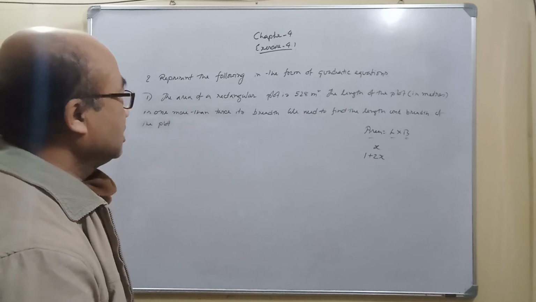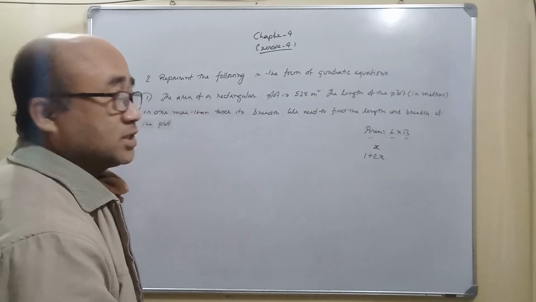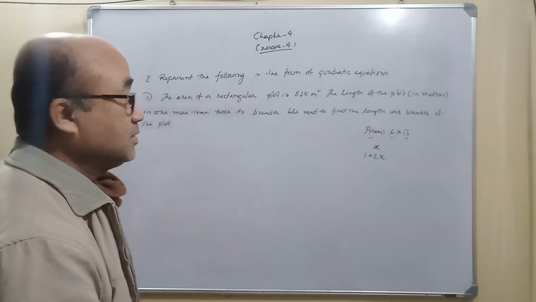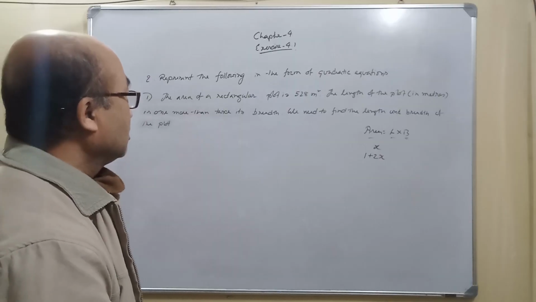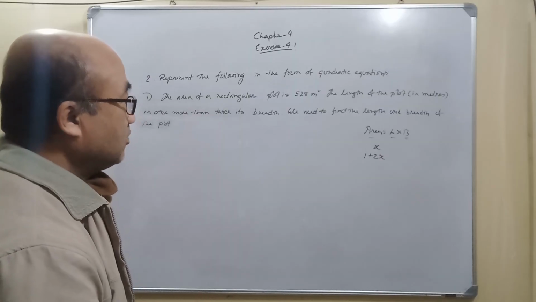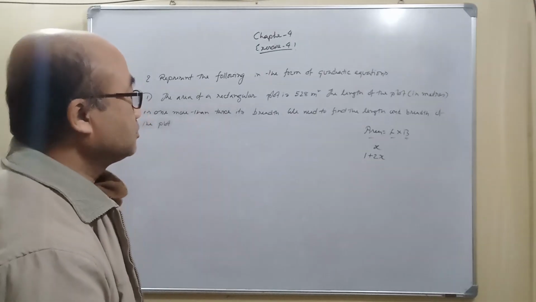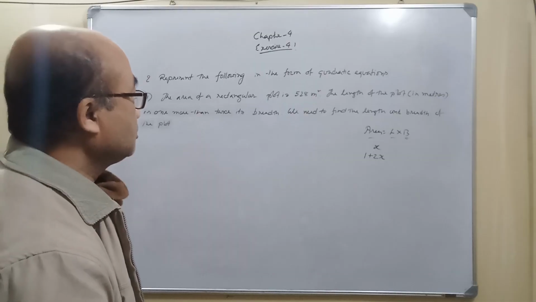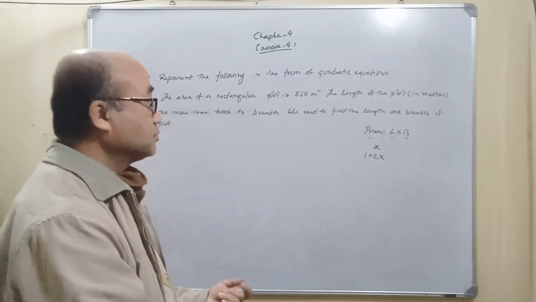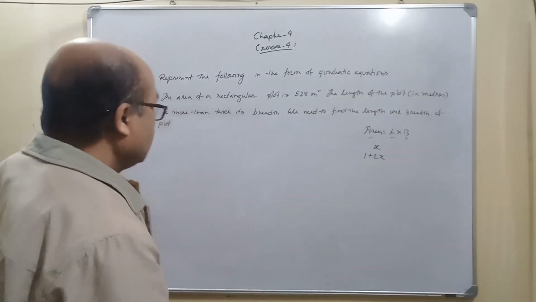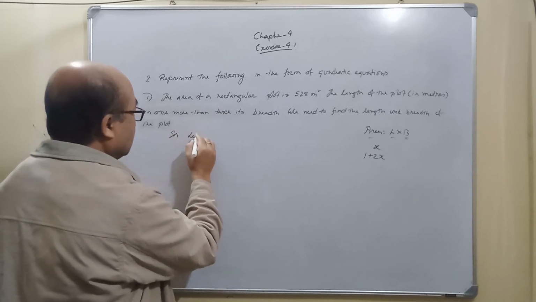The first part deals with converting the problem to a quadratic equation form. The next part is to find the values by solving the quadratic equation. So let us solve it. Solution.